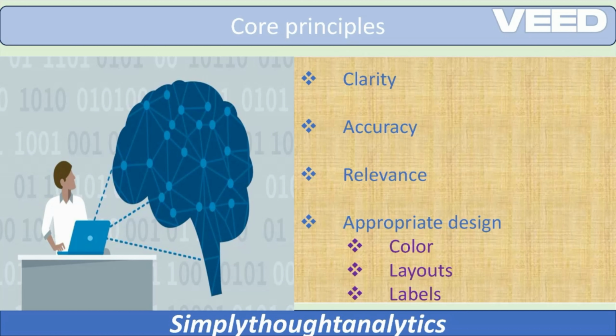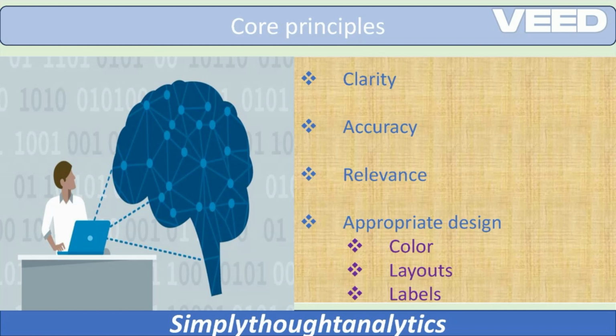The visual must not contain information that is confusing. The information and everything about the visual should be clear and direct to the main objective of designing the visual. The second principle is accuracy.